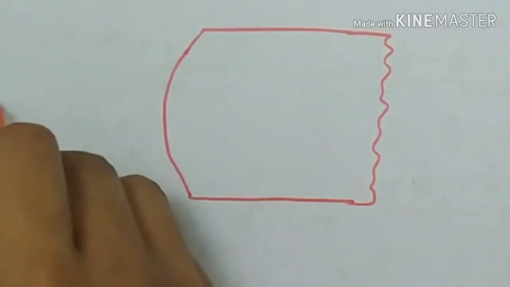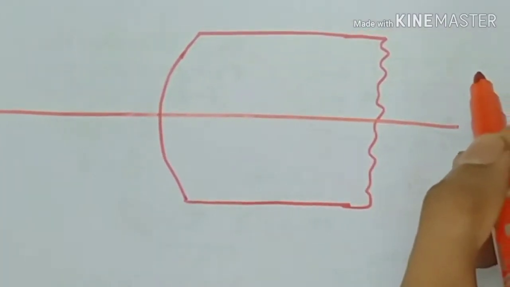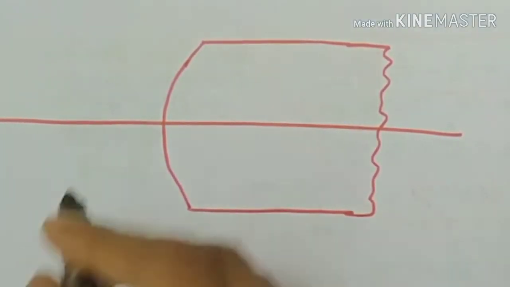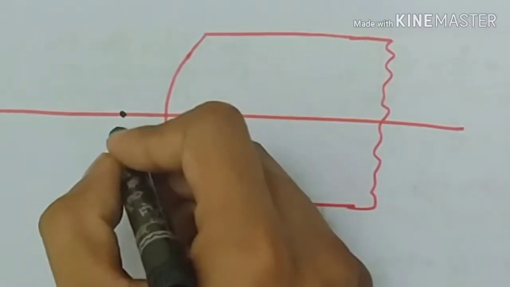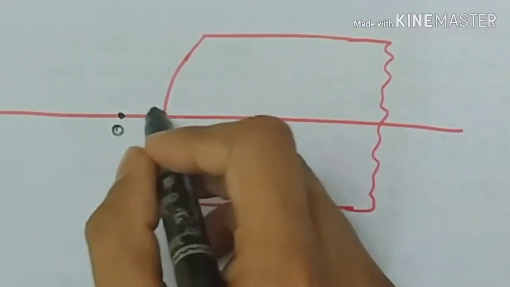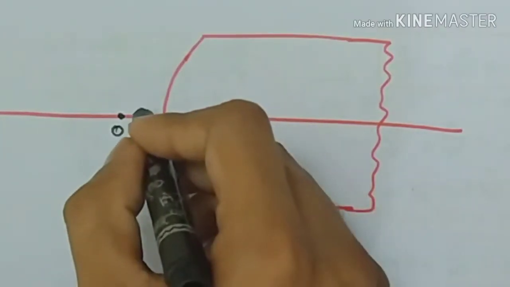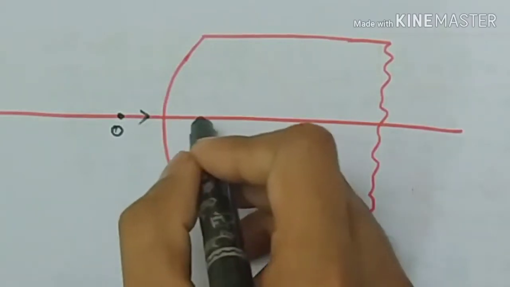Let me draw the principal axis of this convex curved surface. After drawing the principal axis, I am drawing an object, and in this case the object is very near to the curved surface. Then let's try a light ray which is traveling in the direction of the principal axis.